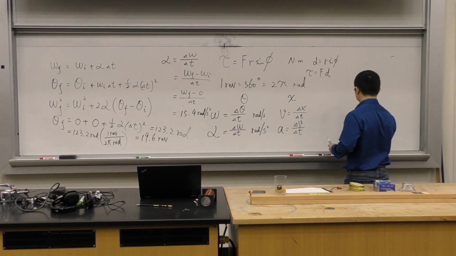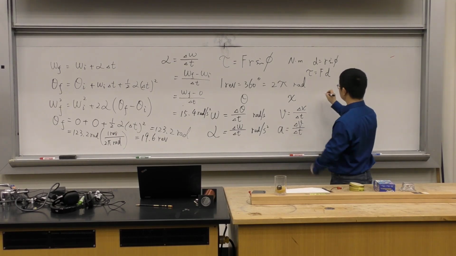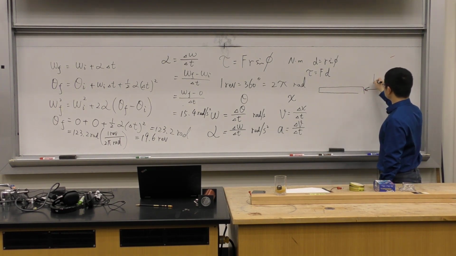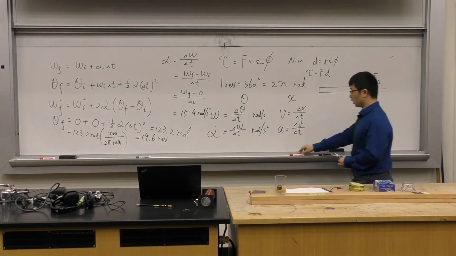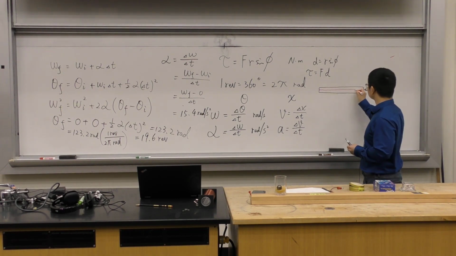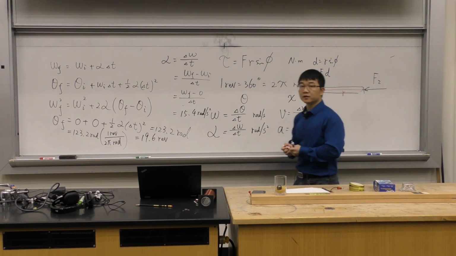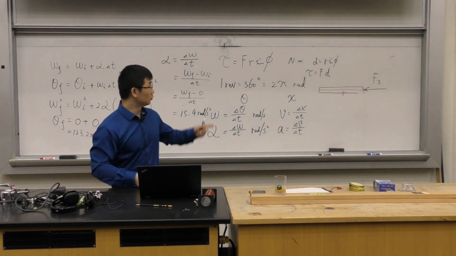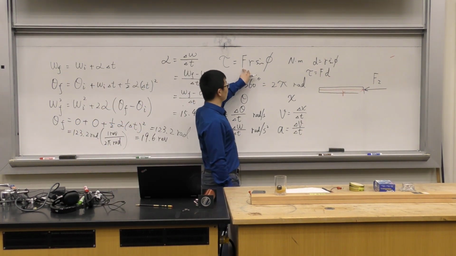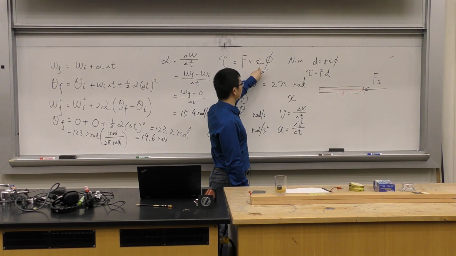So we can also see why this is a good definition. If you apply force in this direction, F2, you still draw the arm from the pivot to where the force is applied. This is going to be the arm. And what is the angle between these two directions? 180. Sine 180 is 0. So it doesn't matter what these two numbers are. You put a 180 in there, you get a 0.